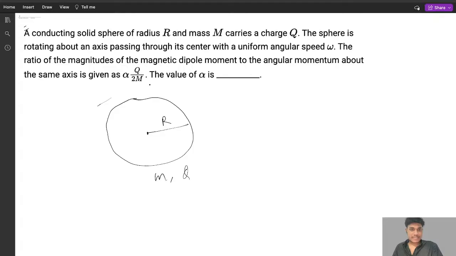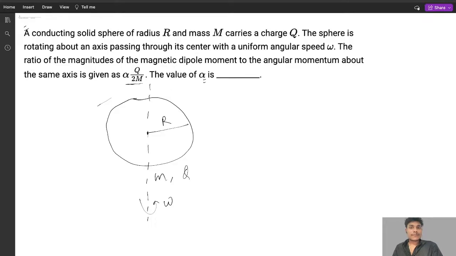The ratio of the magnitude of the magnetic dipole moment to the angular momentum about the same axis is given as alpha q by 2m. Find the value of alpha.